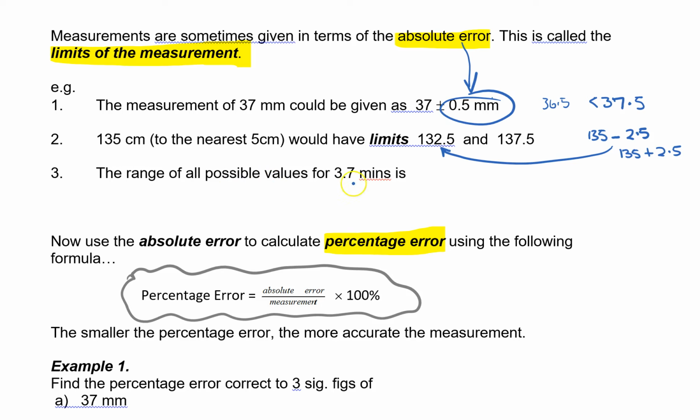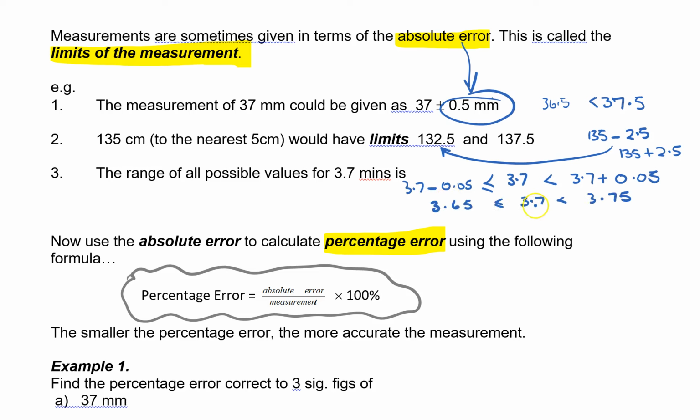The range of all possible values for 3.7 minutes would be, now we want 3.7 is in between 3.7 minus 0.05 and 3.7 plus 0.05.